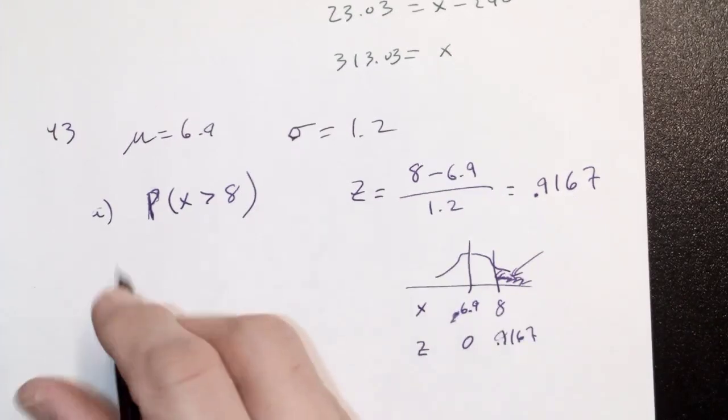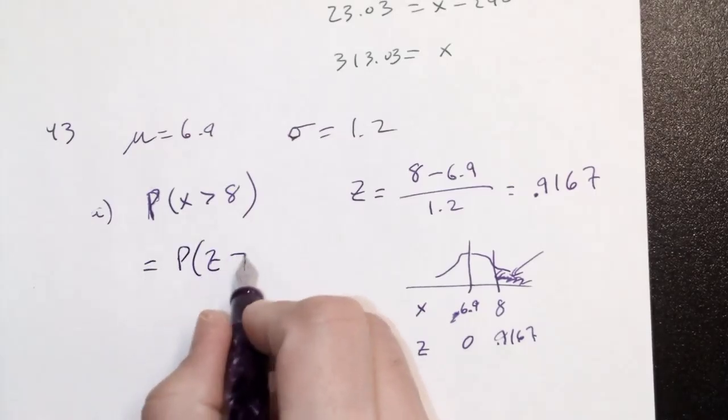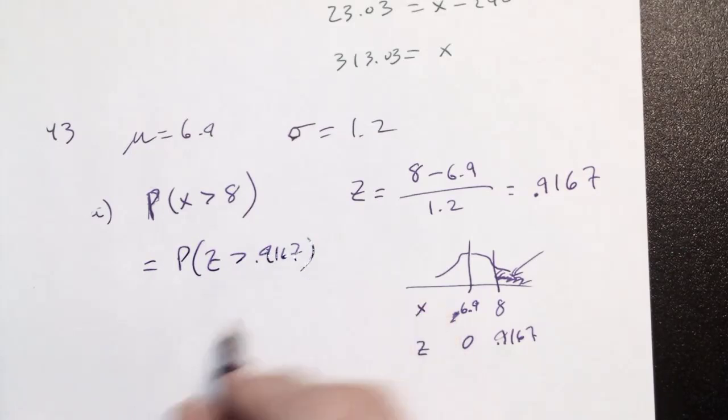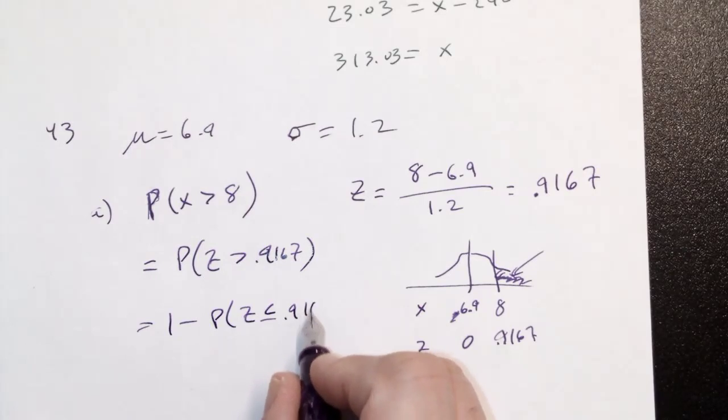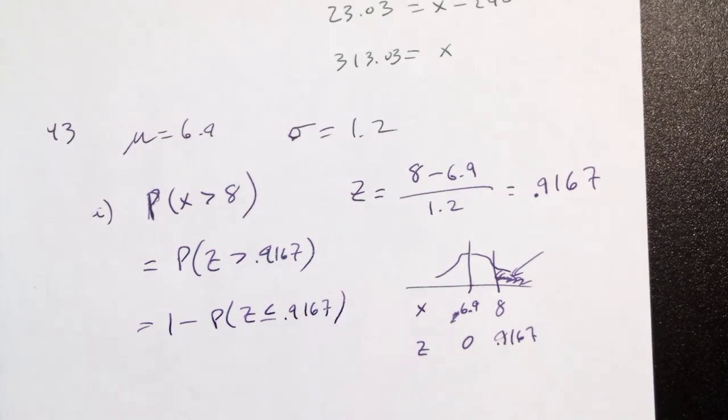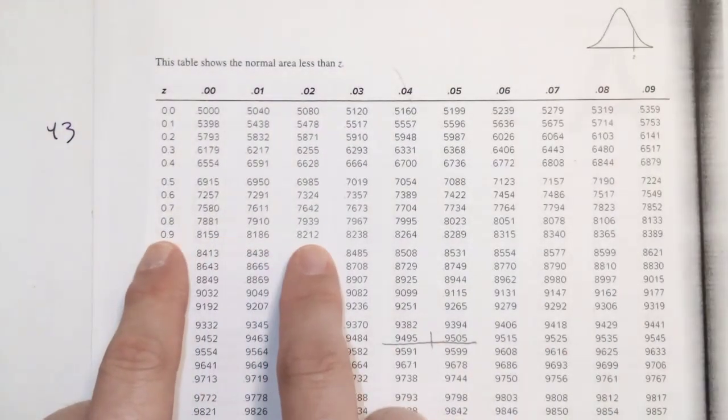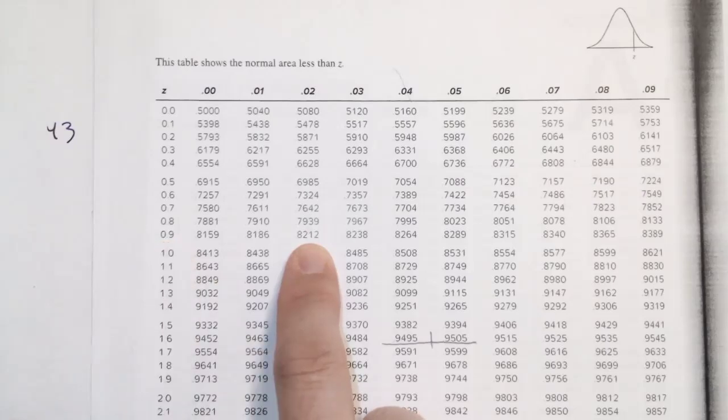So this is the same as the chance that Z is bigger than 0.9167, which is 1 minus the chance that stuff is less than or equal to 0.9167. Well, now I can go to my table and look up the Z of 0.9167. Wait a minute. My Z's are only 2 digits, so let's use 0.92. 0.92 is 0.8212.